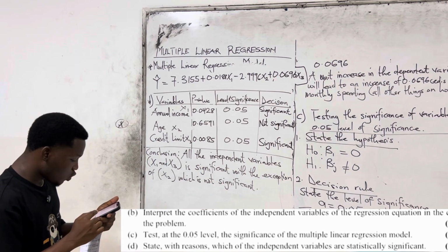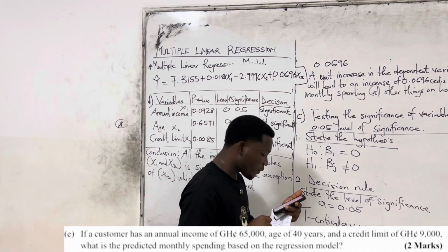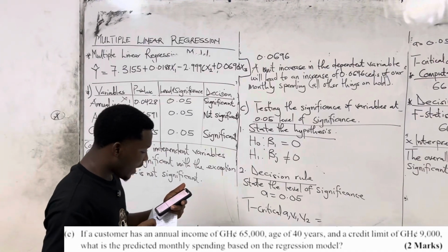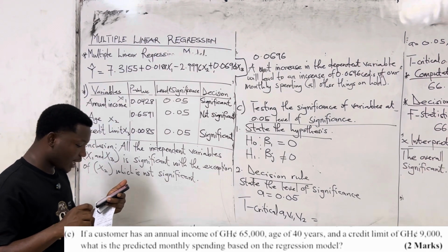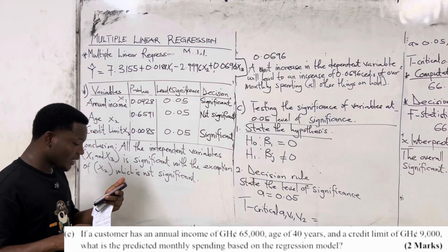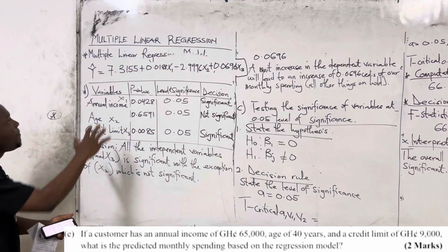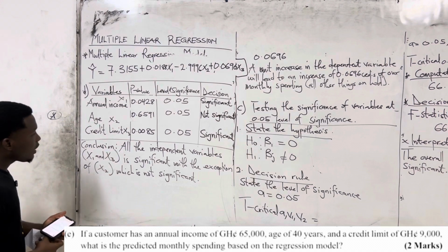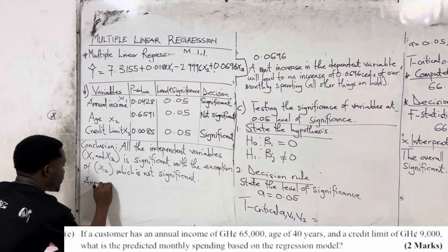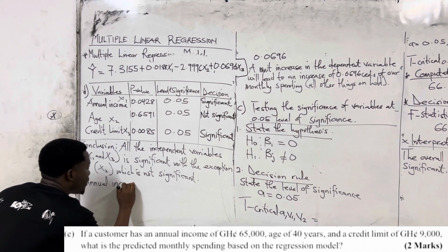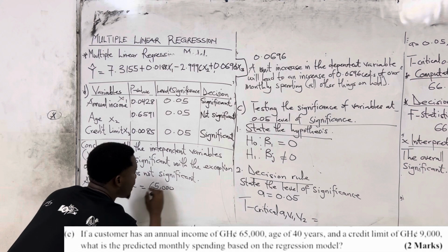So we are done with the D part. Now the E: if a customer has an annual income of 35,000 Ghana cedis, age of 40 years, and a credit limit of 9,000, what is the predicted monthly spending based on the regression model? Our annual income has been given to us in the question as 65,000 Ghana cedis.